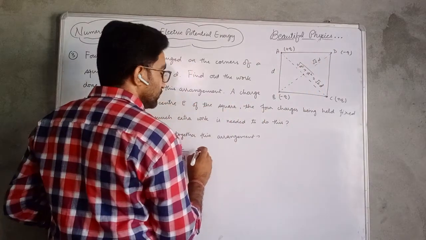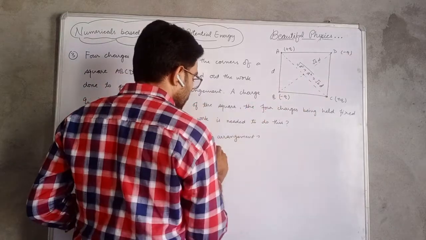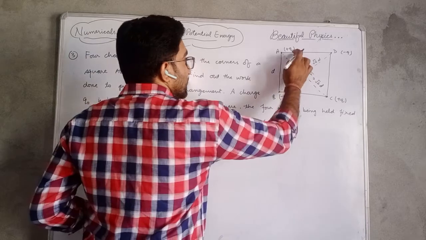It will be equal to plus Q into minus Q divided by the distance.